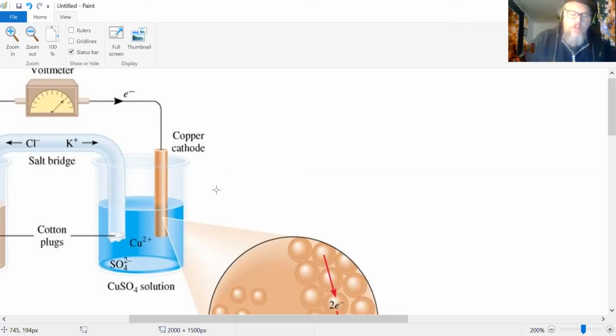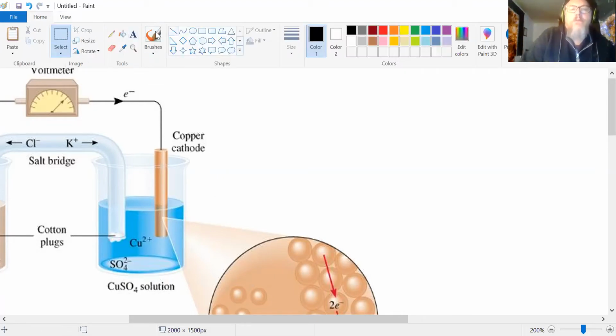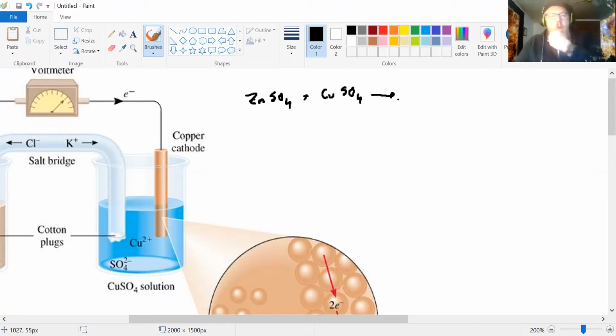Let me grab my pen. So we have zinc sulfate, ZnSO4, plus Cu, SO4, yields, and these are obviously spectator ions. What happens in this thing?